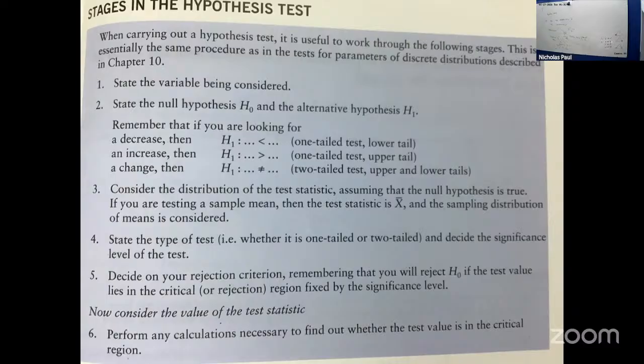After you perform the calculation to finally test in the critical region, what will you do? You go to the conclusion. If it's outside the region, or if it's inside here, you check. So the last step is the conclusion.